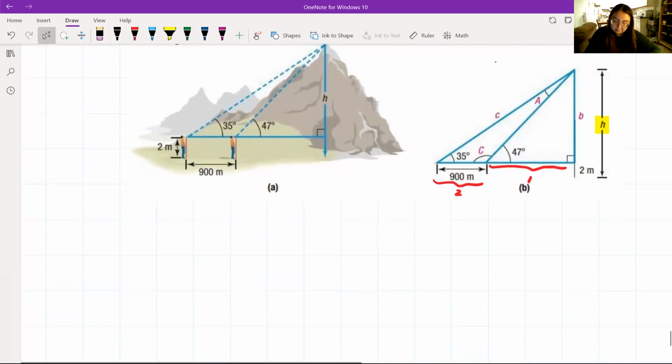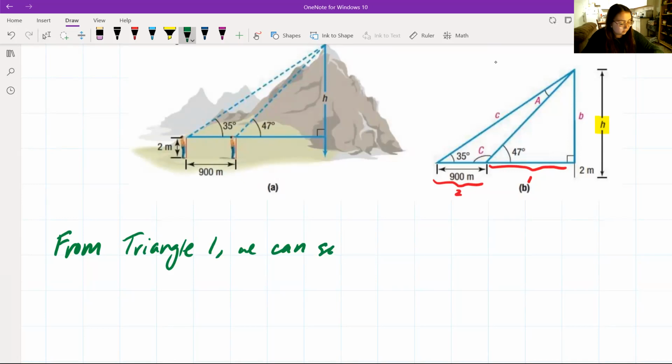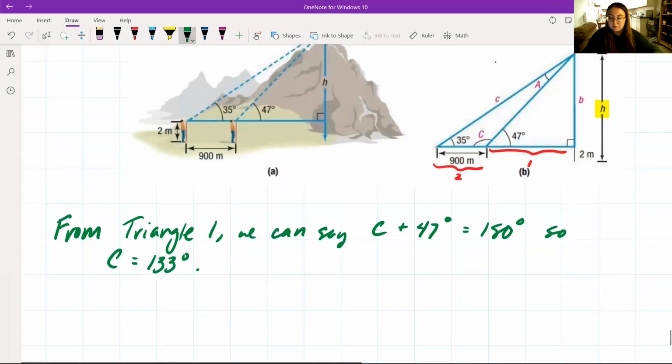So from triangle 1, we can say that C plus 47 degrees is equal to 180 degrees. So capital C is equal to 133 degrees. And this is just from triangle 1 here.